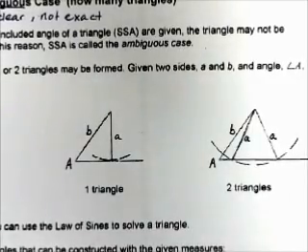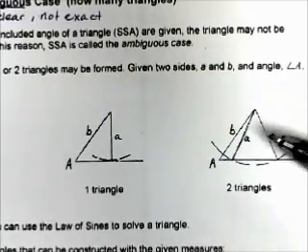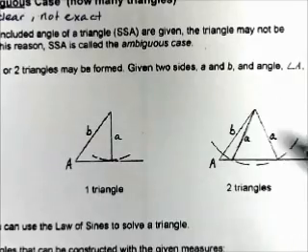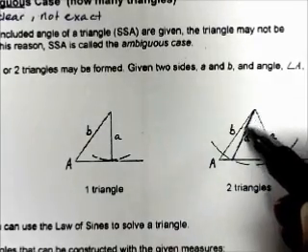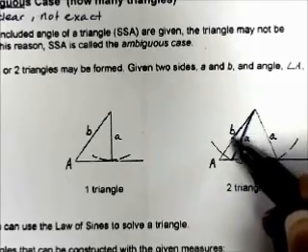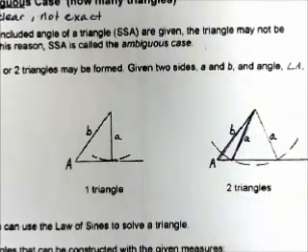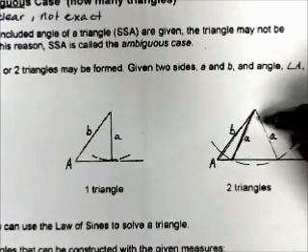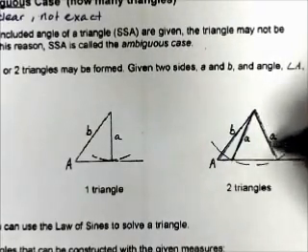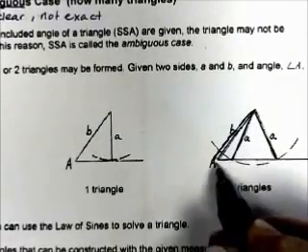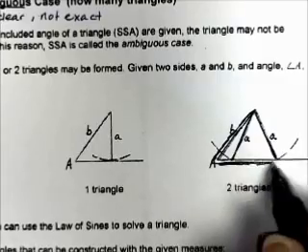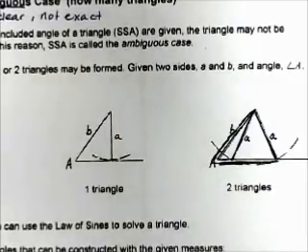Or the length of that second side a may be such that you have 1 triangle that's constructed here, or you might have another triangle that can be constructed based on the length of that second side.